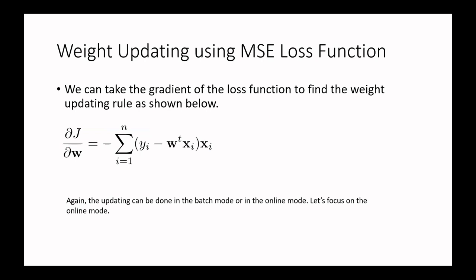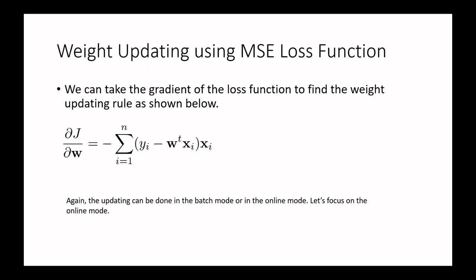So let's do the partial derivative. If we do the simple partial differentiation, del J by del W becomes minus, and now you can see that 1 by 2 has gone. That was the reason I had 1 by 2. So minus sum over i equal to 1 to n of (yi minus W transpose xi) times xi.